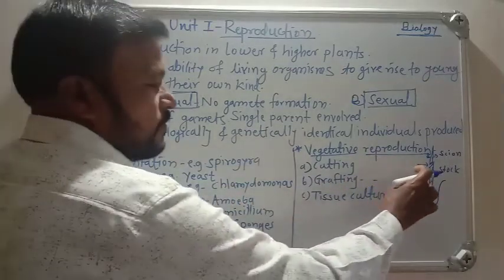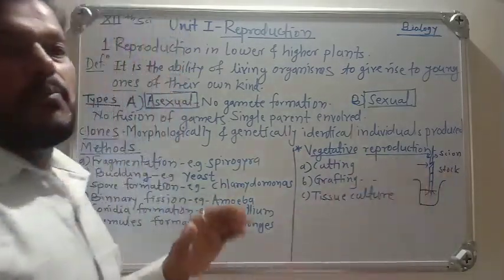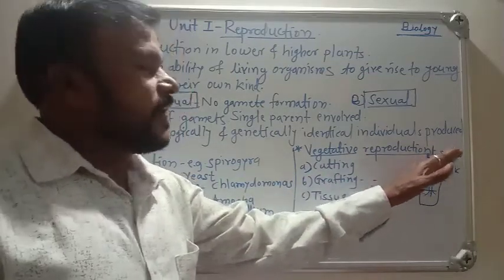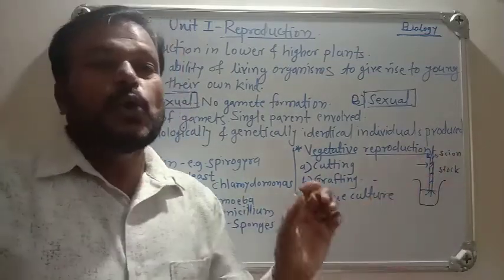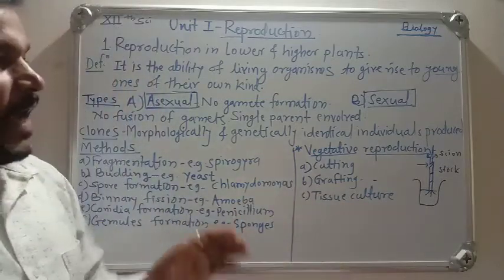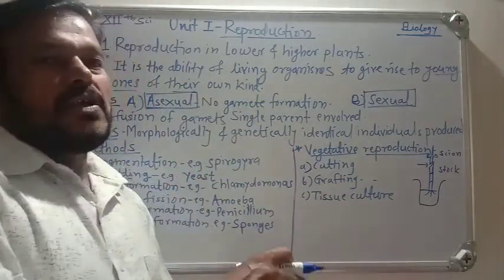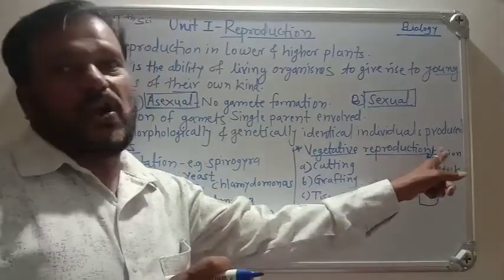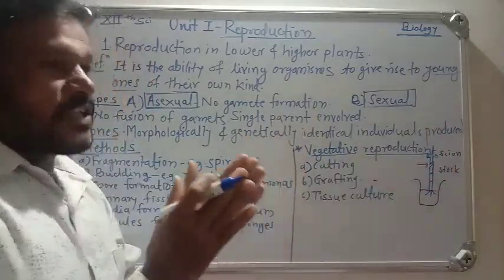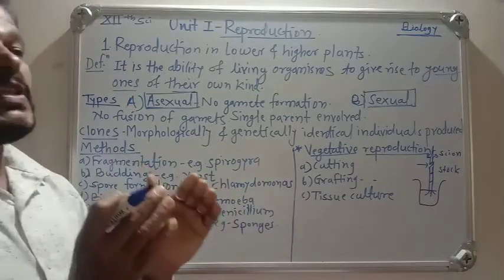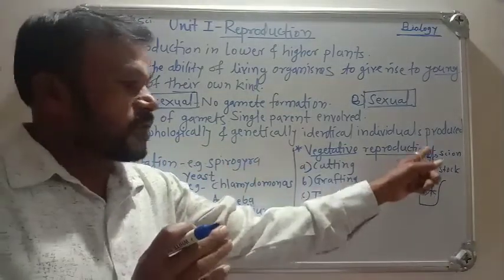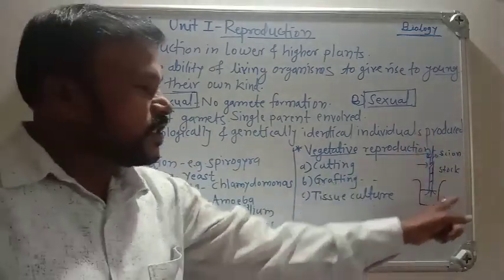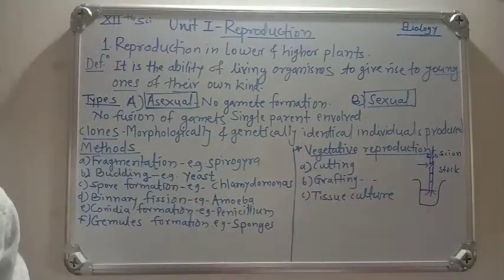Here one plant is grown in a pot and cut at the center, and this part is called the rootstock or stock plant, and on this plant another plant is grafted, that is called the scion. These two are joined with each other with the help of xylem and phloem for the conduction of water and minerals and give rise to the new plant. This process is called grafting.